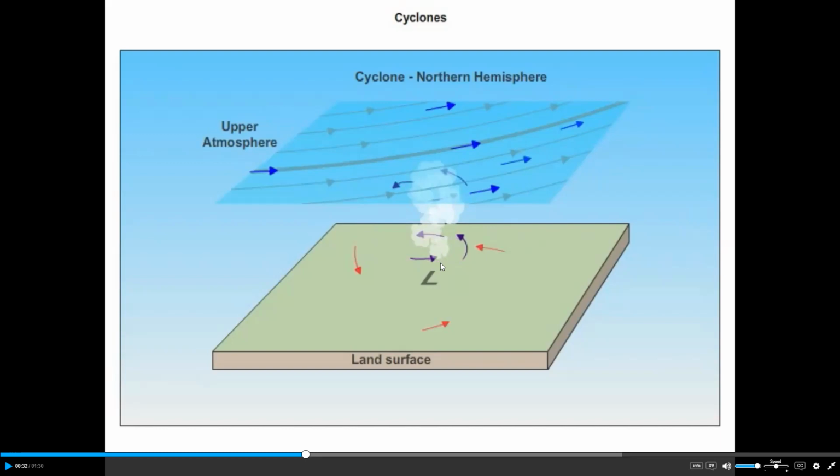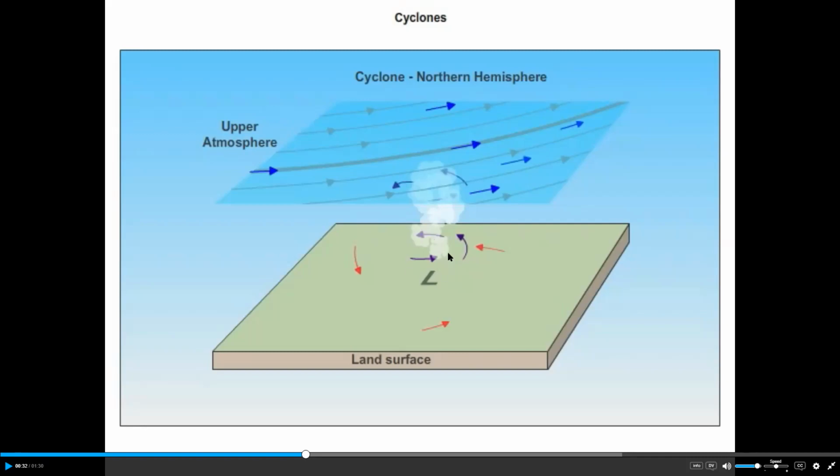Inadequate divergence permits the surface low to fill up and weakens the cyclone. Surface convergence around the cyclone causes a net upward movement. Rising air results in cloud formation and precipitation, and so a low pressure center is generally referred to as unstable conditions.